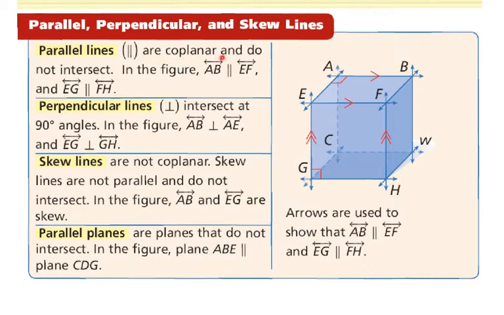Parallel lines are coplanar and do not intersect. If you remember what coplanar means, it means they lie in the same plane. So parallel lines, for example, AB and EF. AB right here and EF. They are in the same plane and yet they never intersect. So they are parallel lines.